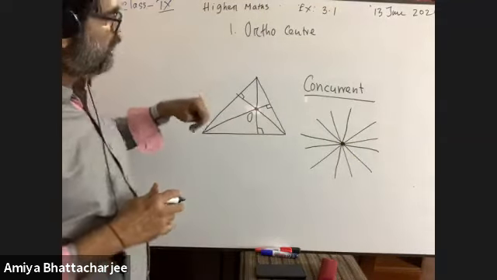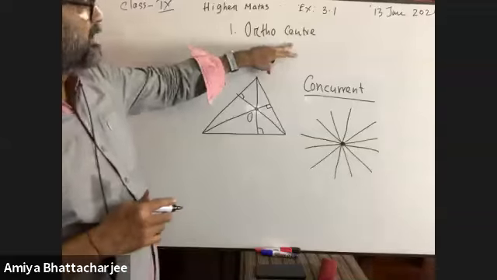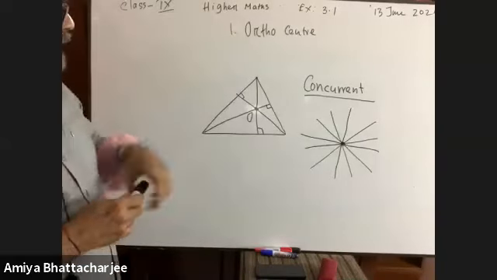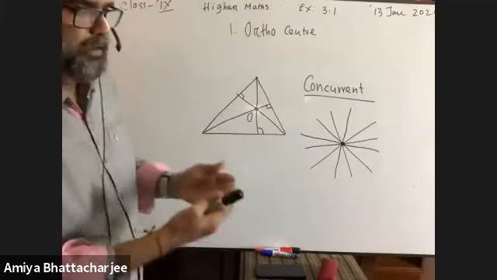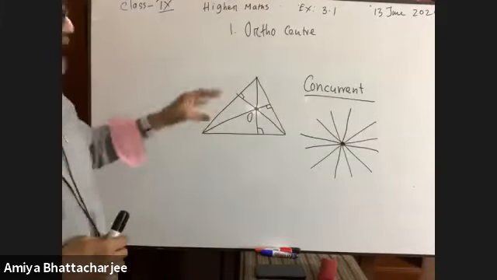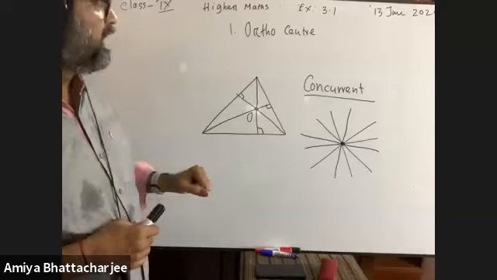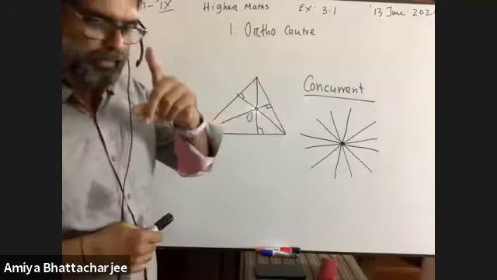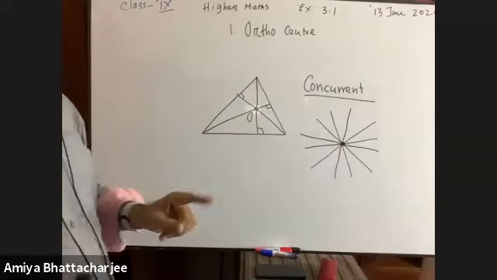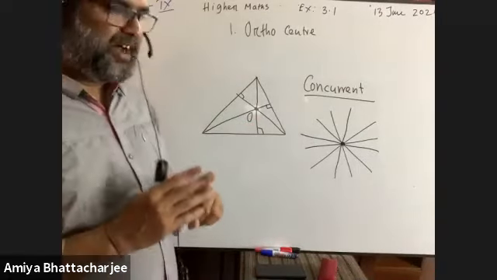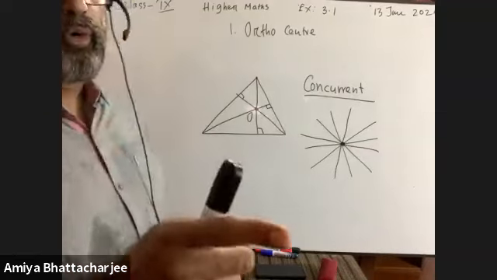So what I have told you: the orthocenter is a point where 3 perpendiculars of a triangle meet. Another piece of information is that all those three perpendiculars are concurrent. Write down: all those three perpendiculars are concurrent. That is, they must pass through the same point.